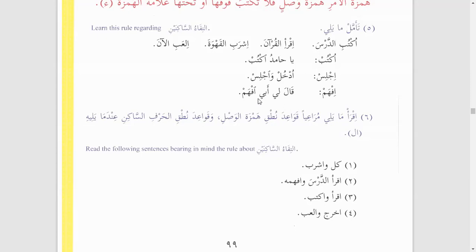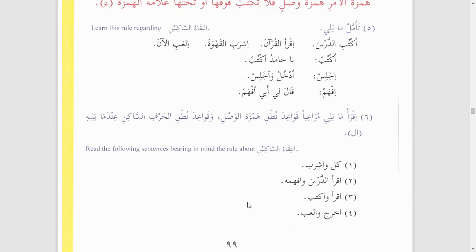So for example, abi, ya is sakin and fa is sakin. So ba is mutaharrik. Now what we will do, we will connect ba with fa straight away. So we say abifham. So it will be written as ba, and right after ba we have fa, abifham. It will be read like this.